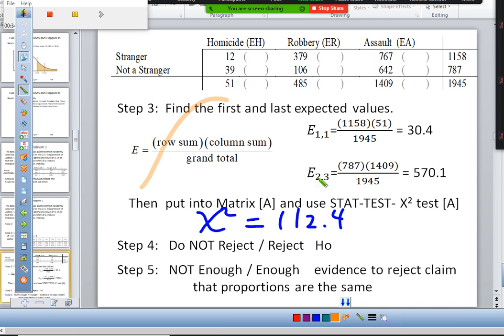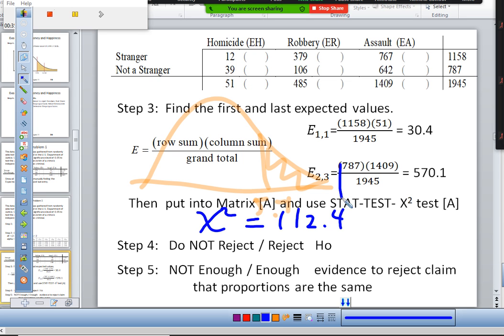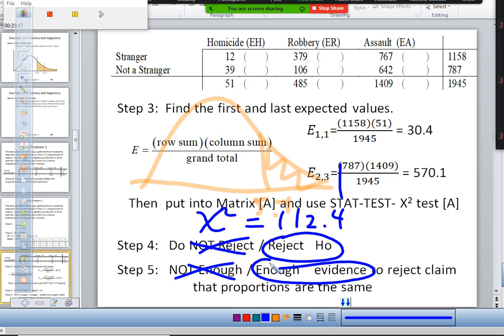Because the critical value was 5.991, and 112 is going to be way over here somewhere. So we're totally going to reject H naught, which means we do have enough evidence to reject the claim that proportions are the same. So that's what you should have for your quiz, hopefully.